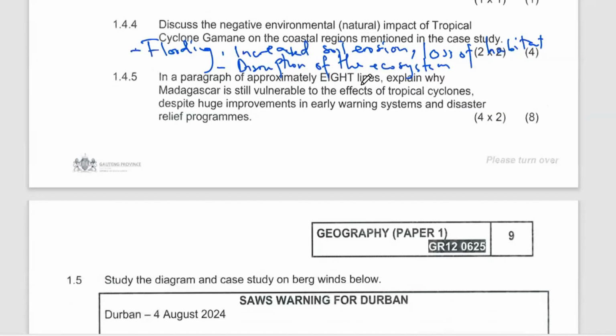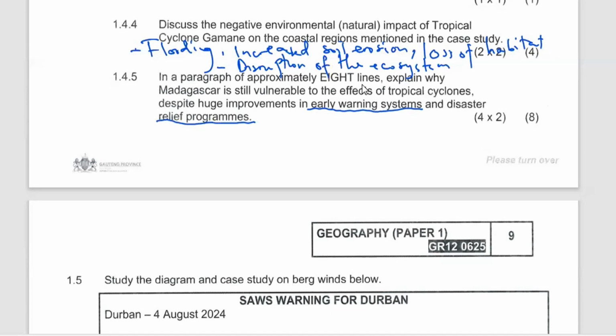Right. Then in a paragraph of 8 lines, explain why Madagascar is still vulnerable to the effects of tropical cyclones, despite huge improvements in early warning systems and disaster relief programs. So we are excluding this effect here, because Madagascar has managed to improve in early warning systems and also in disaster relief programs.